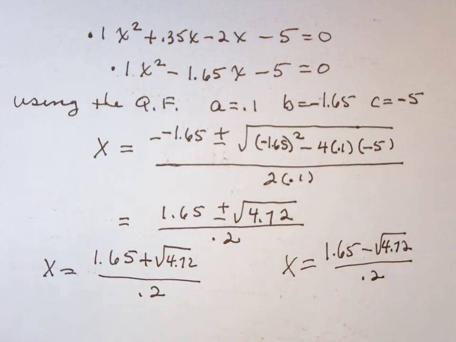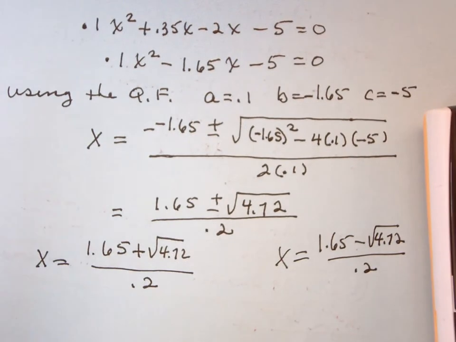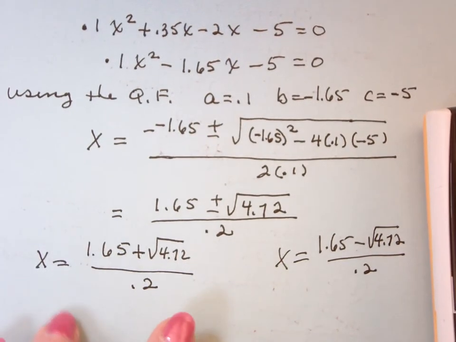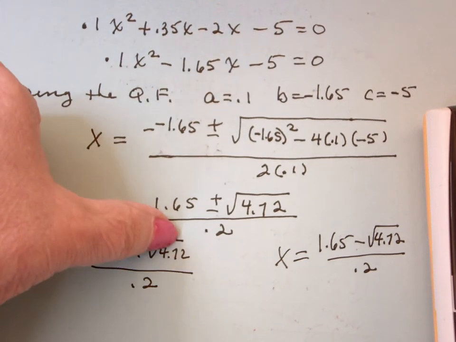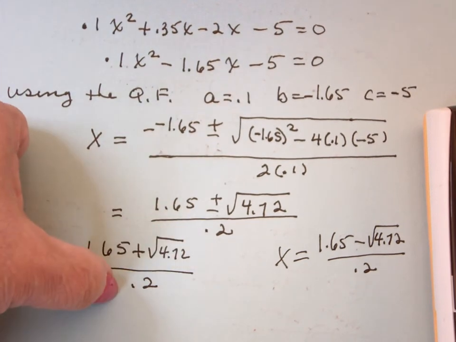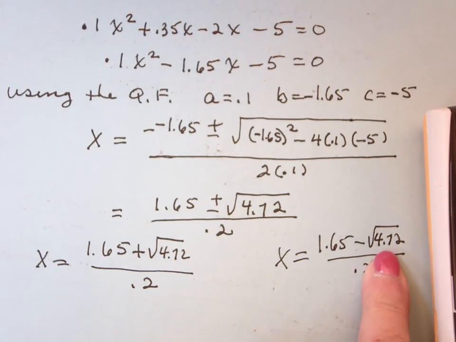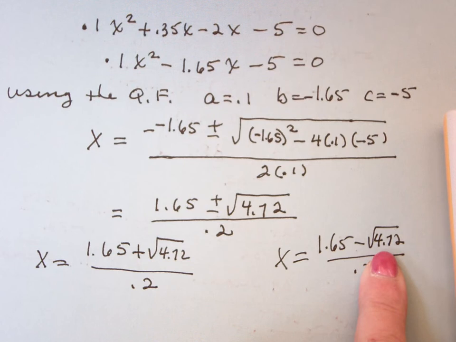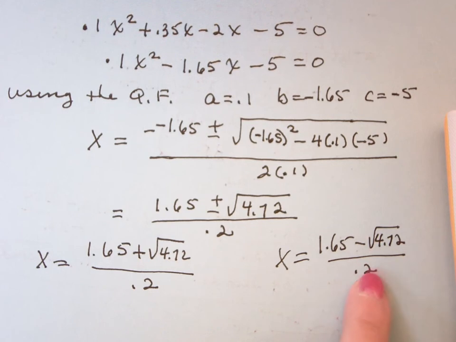Notice I use the plus and the minus. And I have to do that because I don't know essentially which one's going to be which. It's got to be the plus. Here, the square root of 4 is 2, so anything bigger than 4 is going to be more than 2. And that's going to give you a negative number, and you can't have a negative number of units.